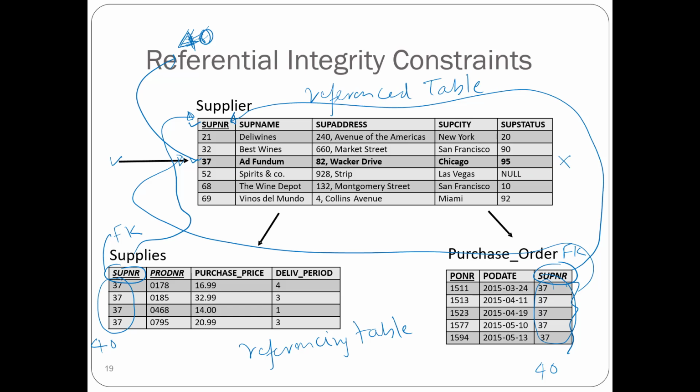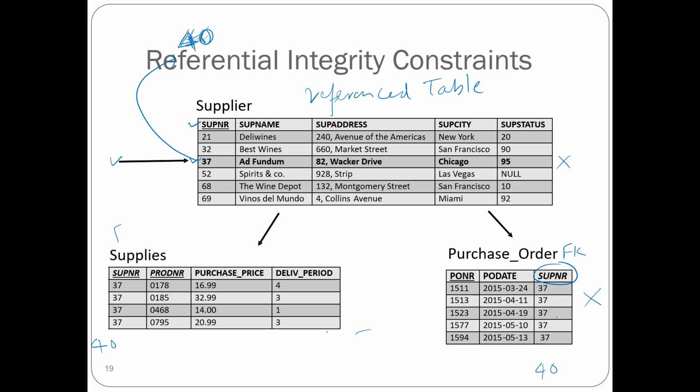If I delete this supplier with supplier number 37, then in cascading all these referencing tuples in supplies as well as in purchase order should be deleted, right? So that is the cascading impact of deleting: delete all the referencing tuples which are referencing the tuple that got deleted. Okay, so that's the cascading impact. Let me erase this just to remove some clutter so that we could discuss the other options available.